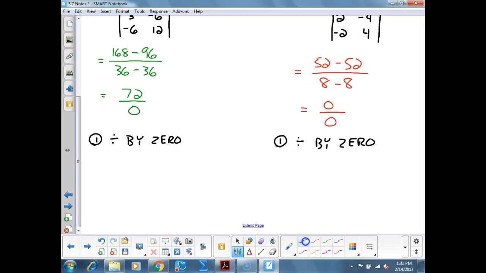So infinite solutions would be 0 on top. No solutions. Any number on top, right? That's not 0.